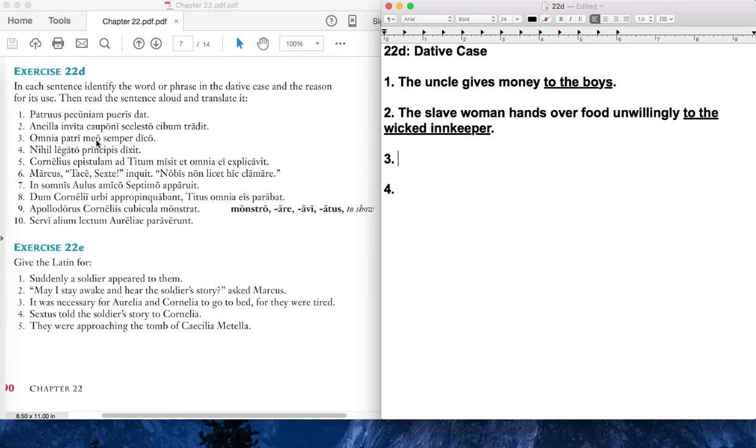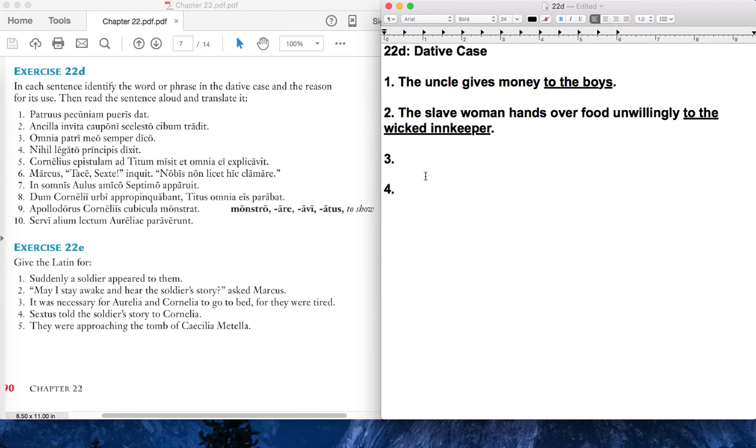Notice patrī meō is very similar to caupōnī scelestō. So this is a third declension noun with a first or second declension adjective, just as this is a third declension noun with a first or second declension adjective here. So I, subject, say, verb, always, adverb, everything, direct object, that's a neuter plural there, accusative, to my father.